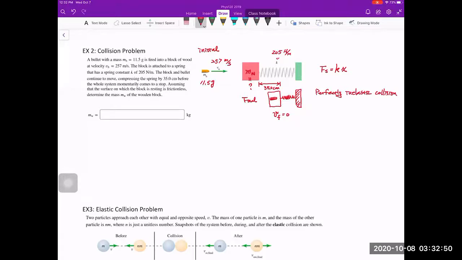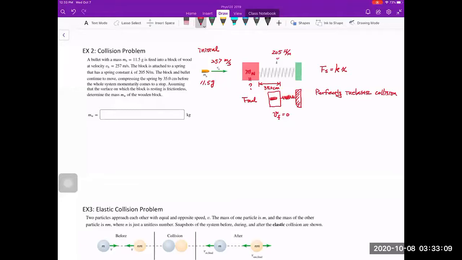So now, how do we find this? If you think about this, would this one completely just use the conservation of momentum?